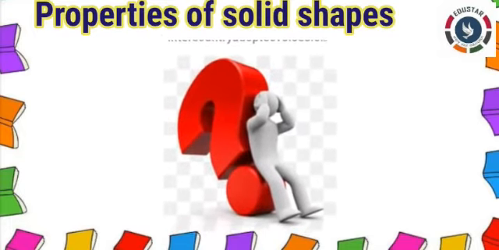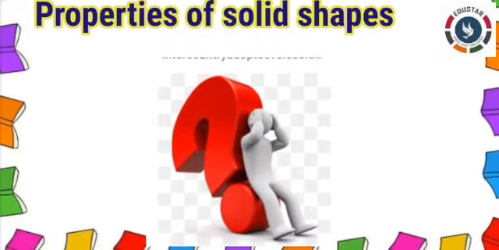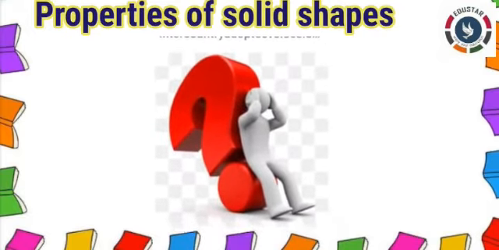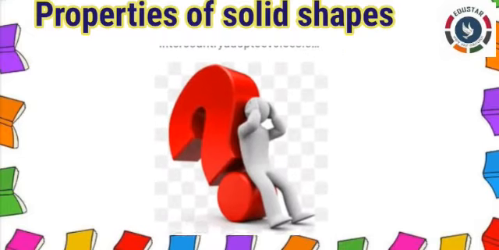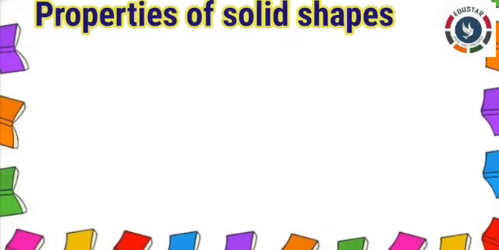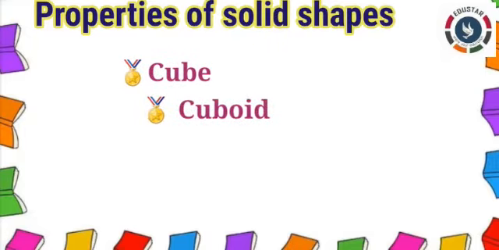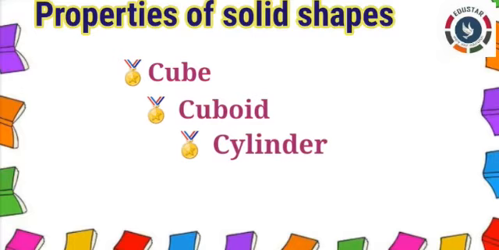Here, properties of solid shapes. Shall we check what the properties are for solid shapes like cube, cuboid, cylinder, cone and sphere?